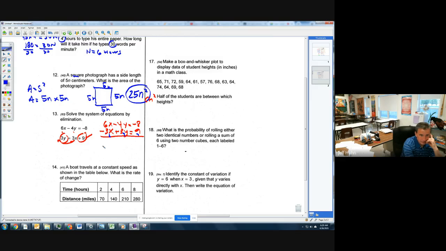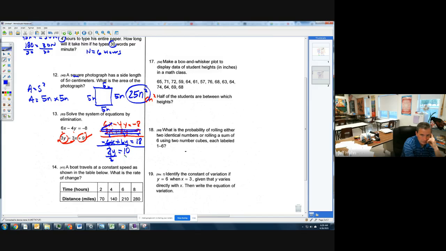And when I multiply those by 2, I get a negative 6x, a positive 6y, and a positive 18. So this is now gone. Don't have to worry about that anymore. When I add them together, the 6x and the negative 6x cancel. Positive 6y, negative 4y is 2y, and 18 minus 8 is 10.